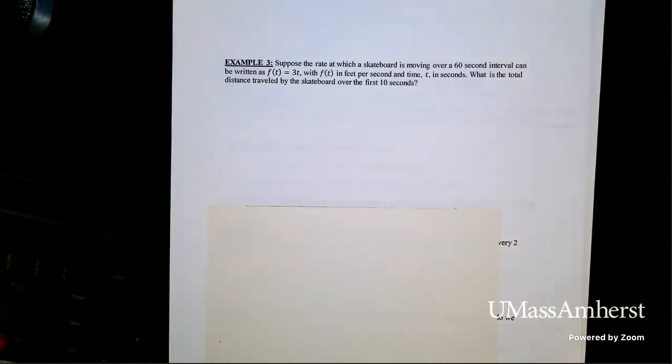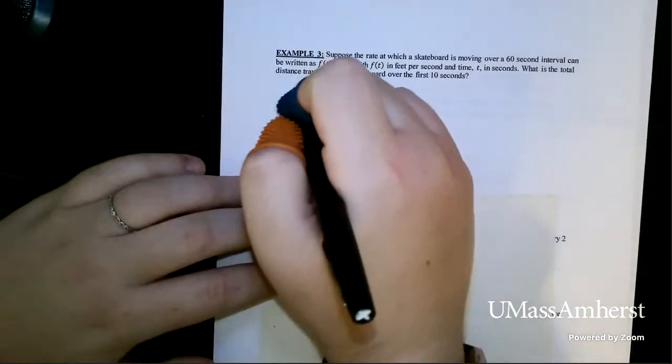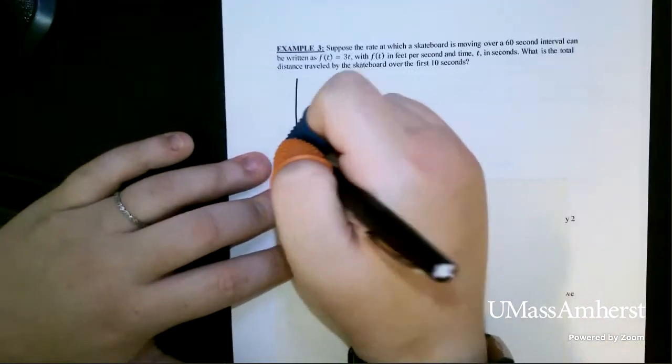We could think about trying to plug 60 into f of t, but that also wouldn't be accurate because that would just give us the rate at time equals 60 seconds, which is different than the rate at time equals 0 seconds. So the way that we need to approach this is to think about what the picture is going to look like.